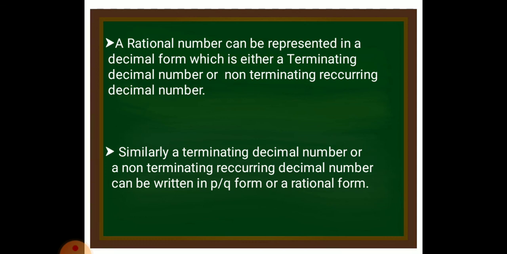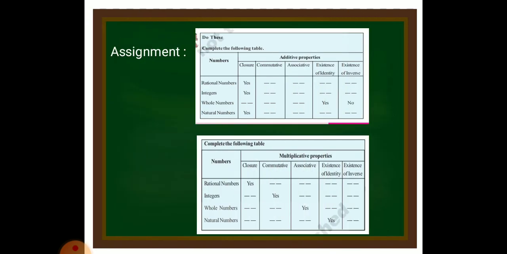That means for a number in p by q, when p is divided by q, you get either a terminating decimal or a non-terminating recurring decimal. Similarly, you can change a terminating decimal or a non-terminating recurring decimal into p by q form, also known as rational form.